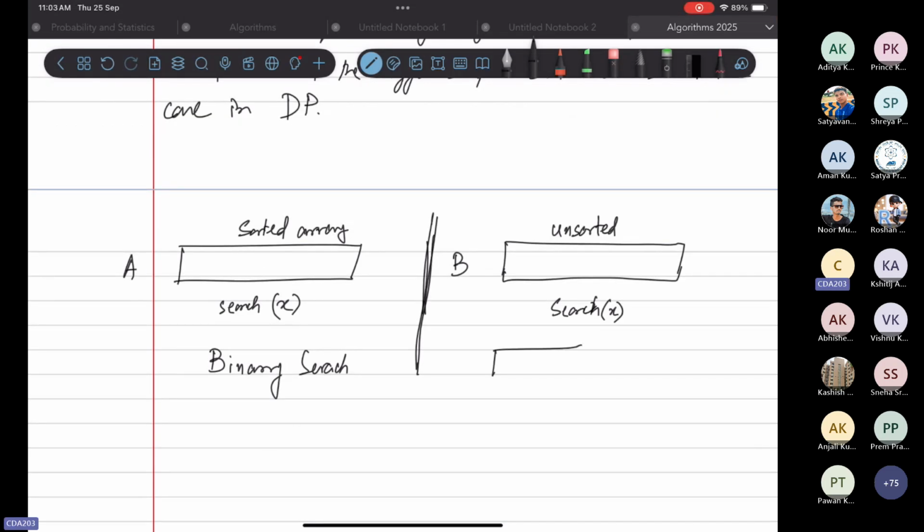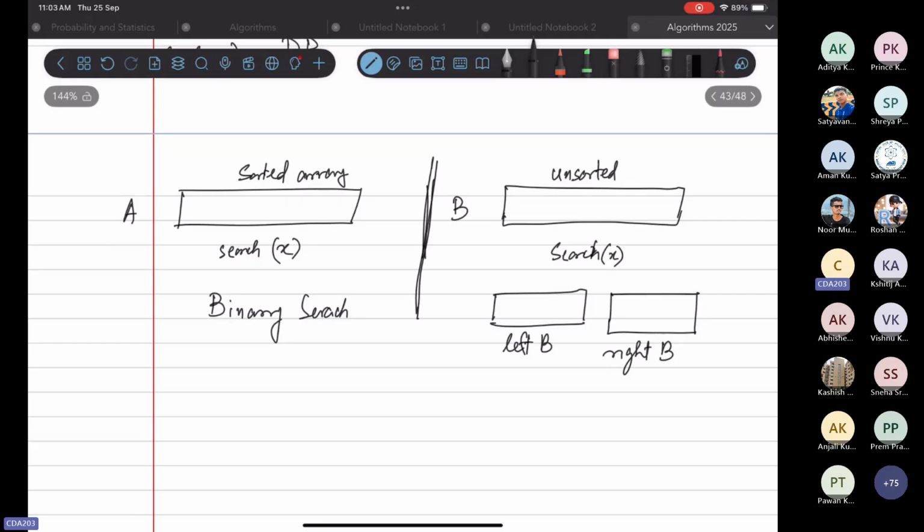Again, I can think of breaking the array into two parts. Okay, so merge sort? I'm not sorting. Sorting is a bigger problem. Sorting is a significantly harder problem than searching. Searching is much easier, so if you are applying merge sort, you are actually overkilling it.